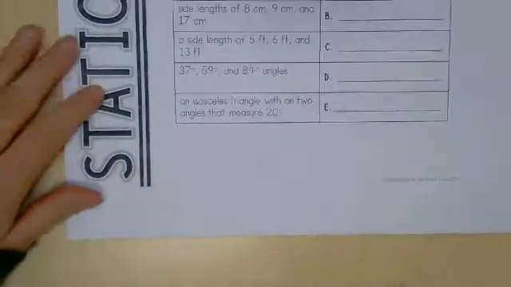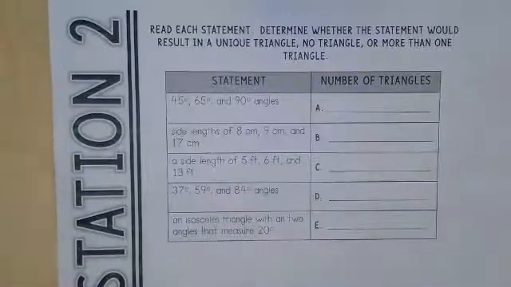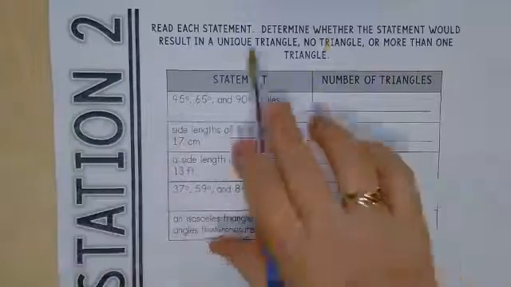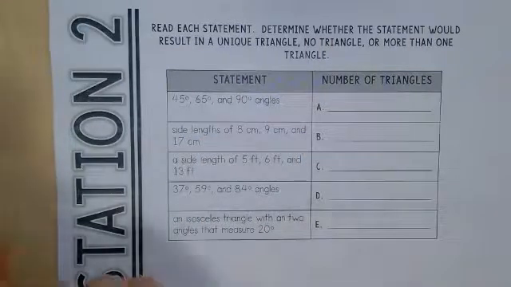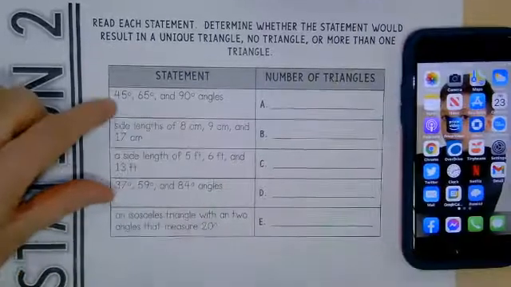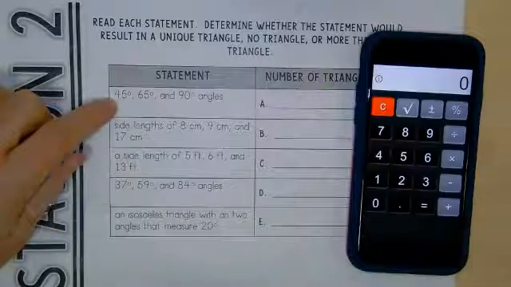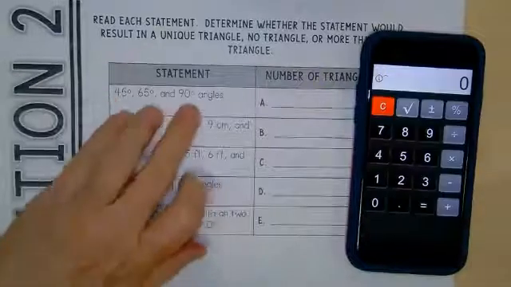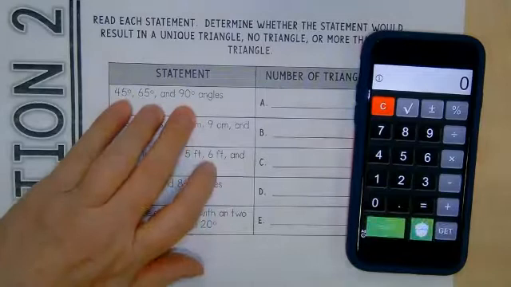Let's move on to station 2. For this one, we have to determine whether it would result in a unique triangle, no triangle, or more than one triangle. So let's do the ones with the degrees of the angles first, because that's just going to be super easy to do. You know that all three angles have to add up to 180 to make a triangle.